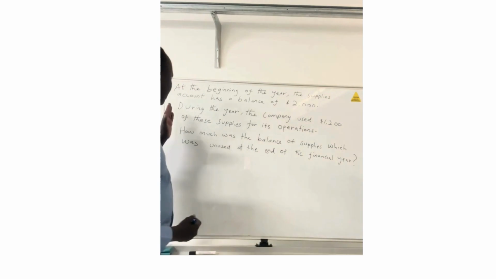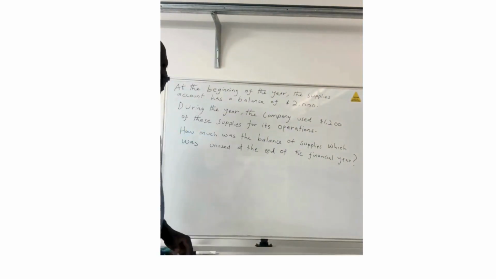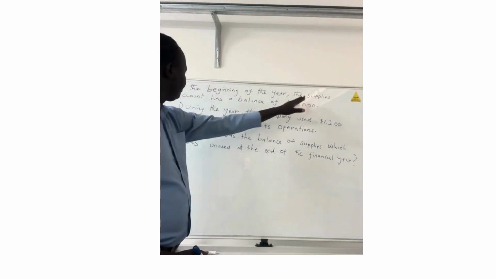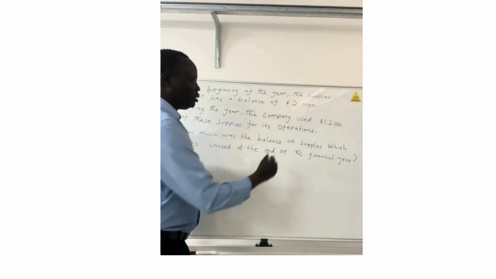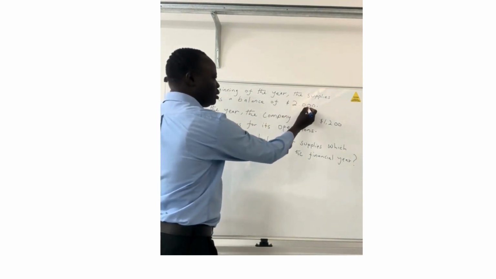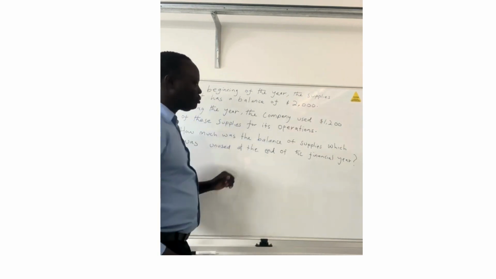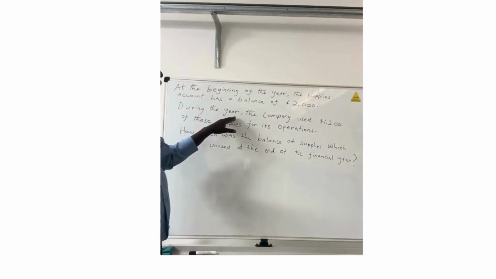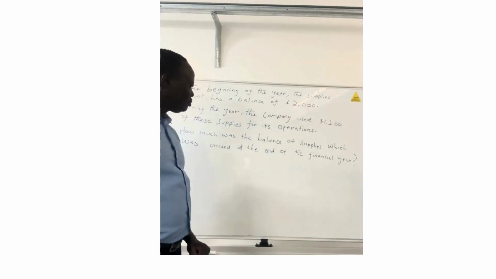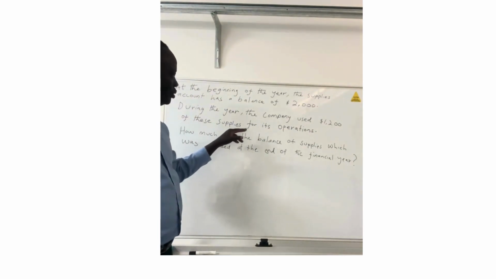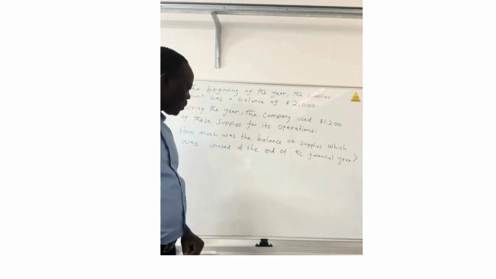This question says, at the beginning of the year, the supplier's account has a balance of $2,000. During the year, the company used $1,200 of these supplies for its operations.